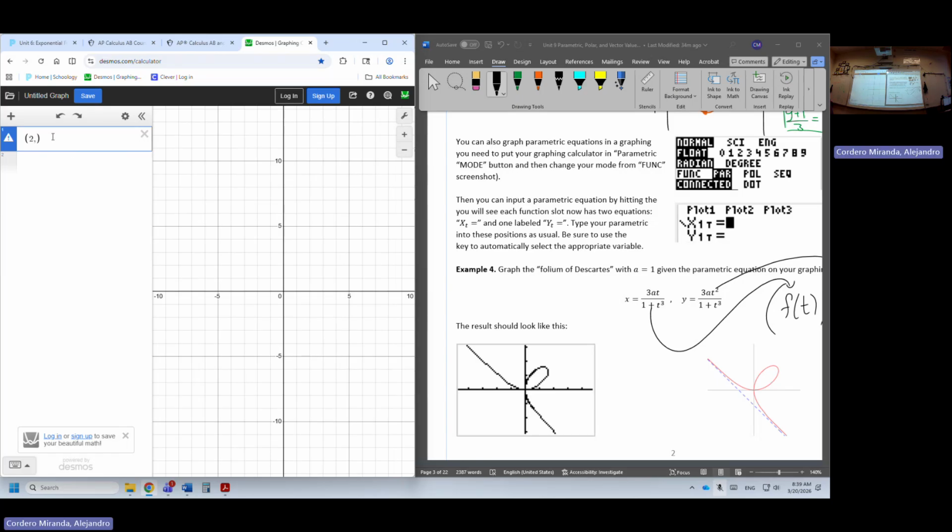Okay, like I said, put in points and you get a point. Put in a function and it interprets it the way you want it. I'm about to put in this equation and see if we get this little loop. Just notice that a is 1.